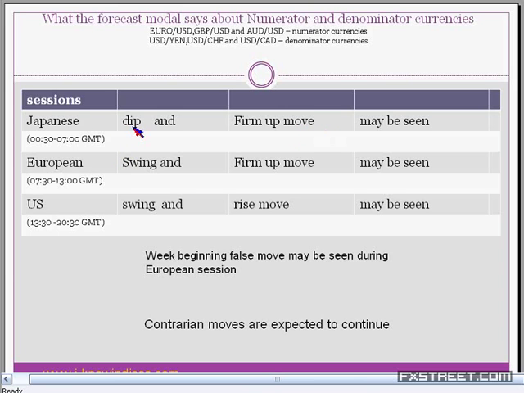The expected move, they have done the dip as a drop in the case of euro from that of the 1.31 area to 1.3034, and then they just gained. But GBP they made a nominal dip, and yen also they made only about 20 pips dip, and they started gaining. Swing and firm up moves are expected during that of the European session, even though it is predominantly a holiday in Europe.